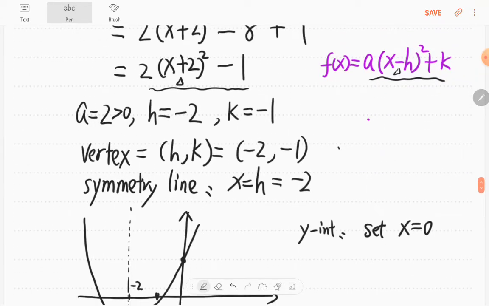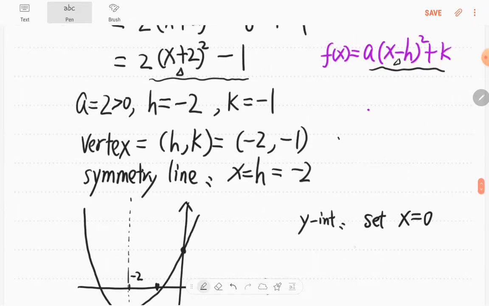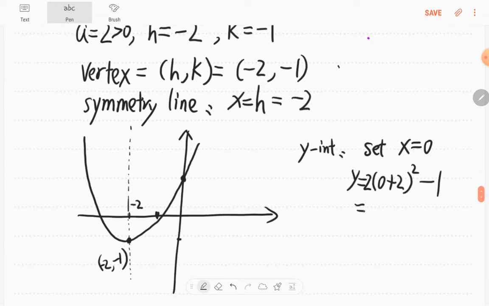So y equals 2 times 0 plus 2, squared, we look at the standard form, minus 1. So this is 8 minus 1, 7. So the y-intercept is 7. Or sometimes you write it as a point, which is (0, 7).